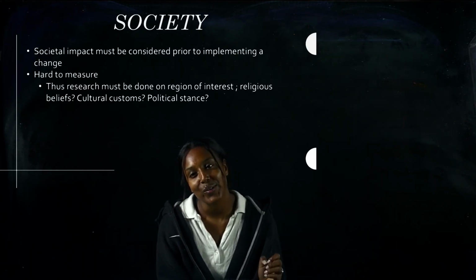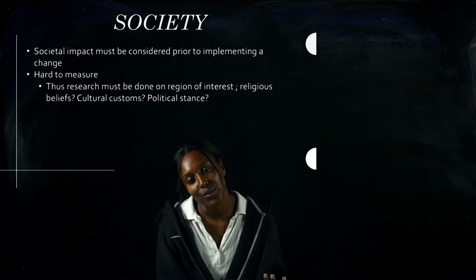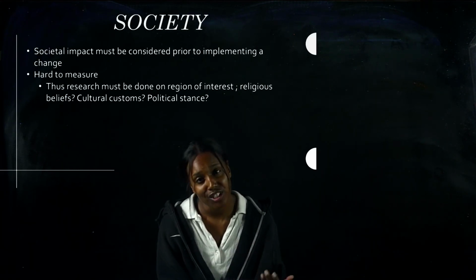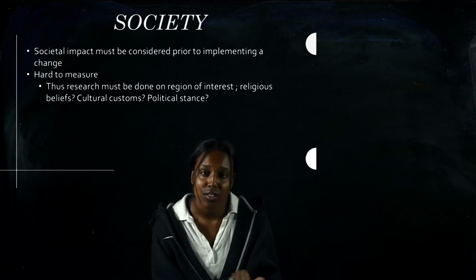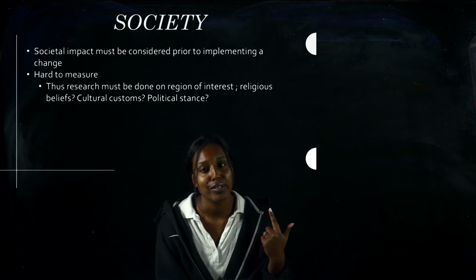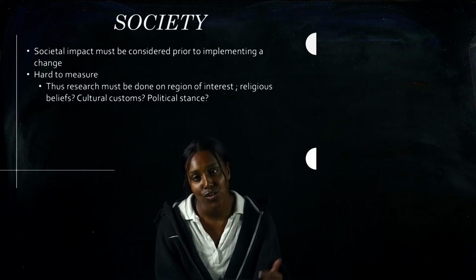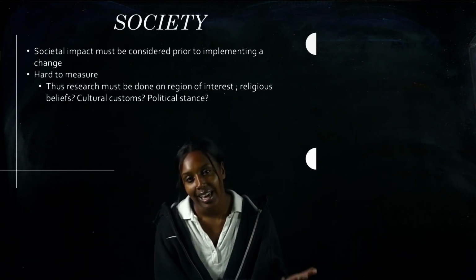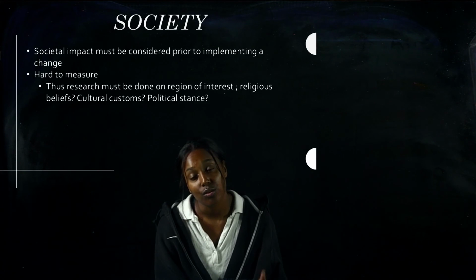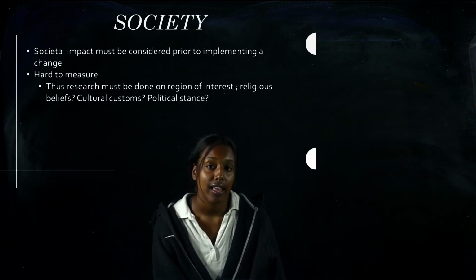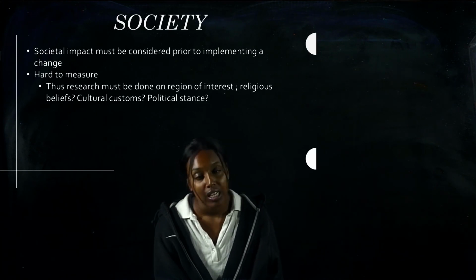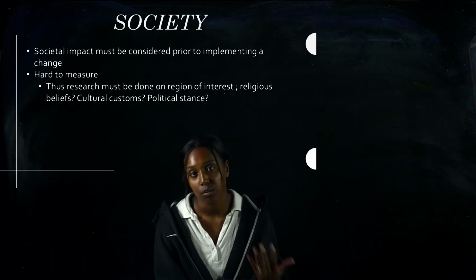Society is also one of those things where it's really hard to quantitatively measure. Unlike our other two pillars, we were able to use the cost of CO2 avoided, we were able to use the TAC metric. But what's really, I guess, best for society is to do your research and try your best to really understand those that live in the region in which you hope to make a change or implement a new process.